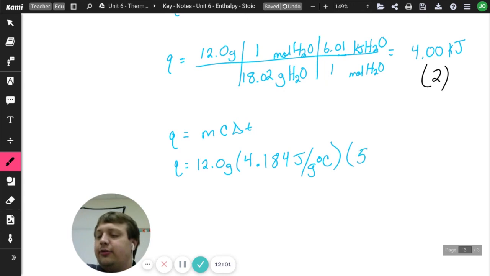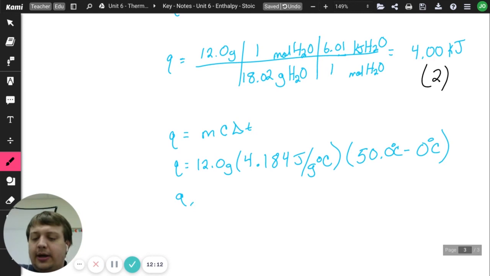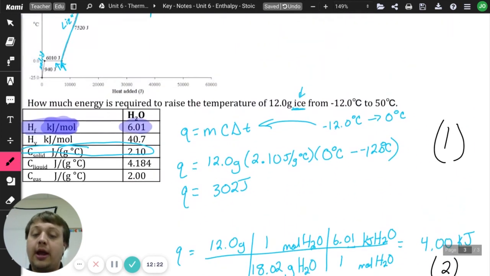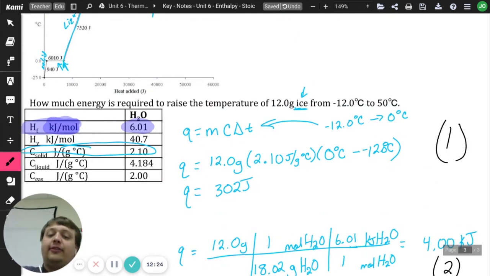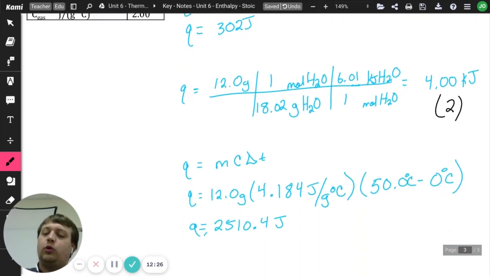My final temperature is 50.0 minus the initial 0. Then I can just plug that into my calculator. So Q equals 2,510.4 joules.